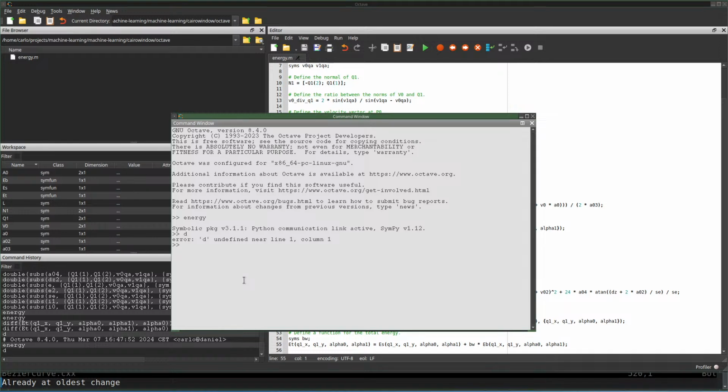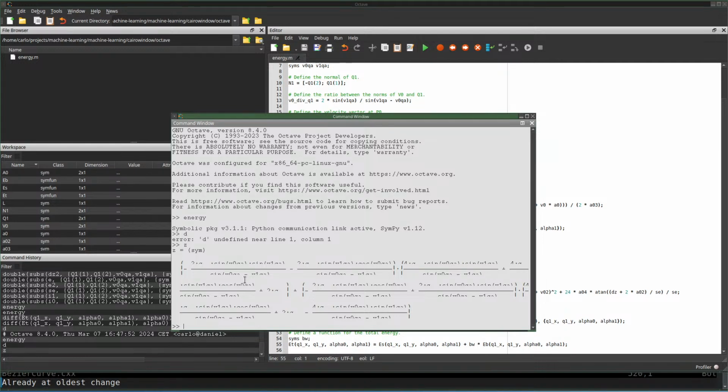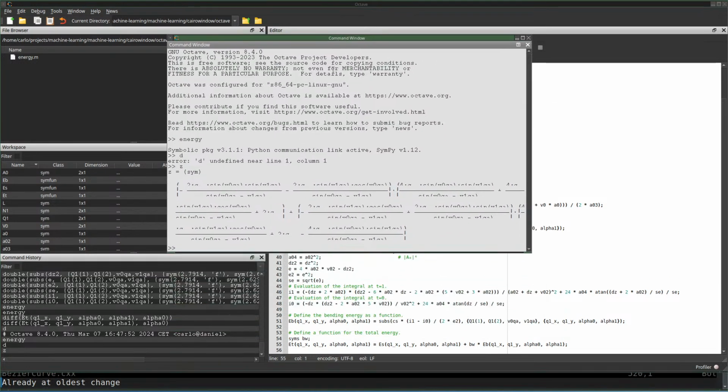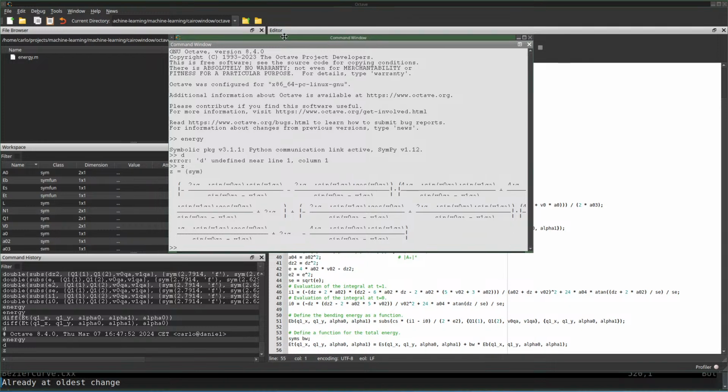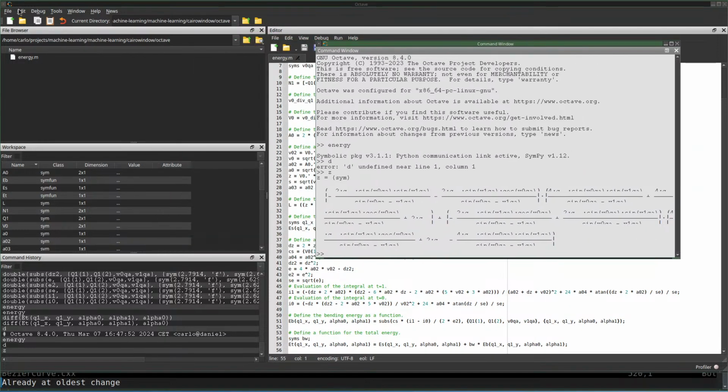Oh wait, man, no, yeah, I don't know. Yeah, this is absolutely not useful. But okay, that could be the font. So let's try some other font then.